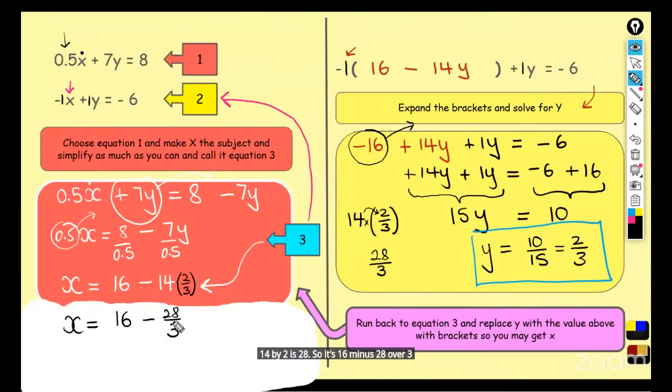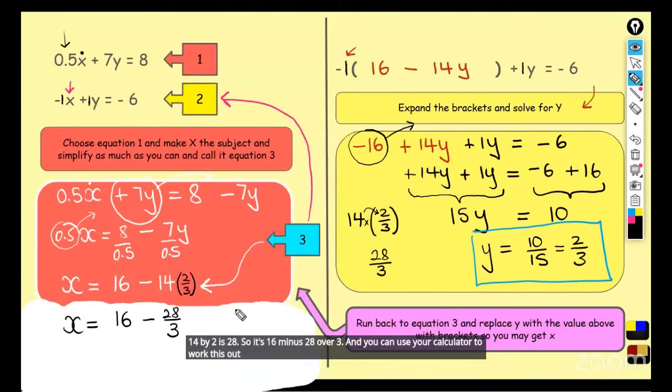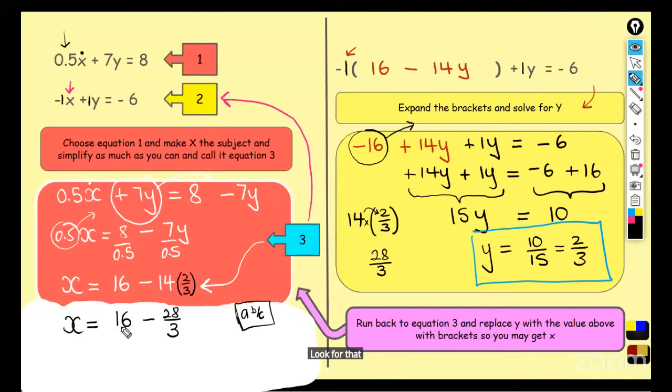You can use your calculator to work this out. You have a fractions button on your calculator. The Sharp calculators look like this. Look for that button. It will be 16 minus 28 over 3.